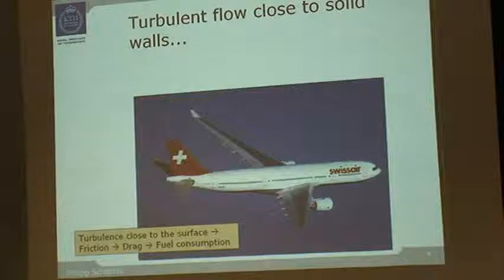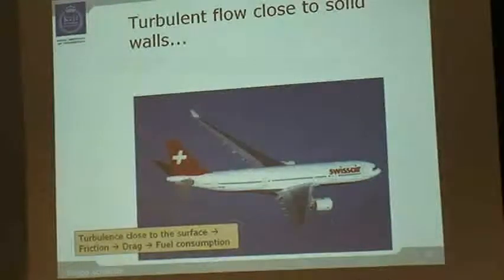This turbulent flow will lead to enhanced friction, it will cause drag, and in the end, of course, it will lead to fuel consumption. With a good understanding of what this turbulent flow looks like, and what ways we have to influence it, we might be able to reduce this friction and maybe even reduce the fuel consumption. But of course, this is also not part of today's talk. It rather serves as an application.